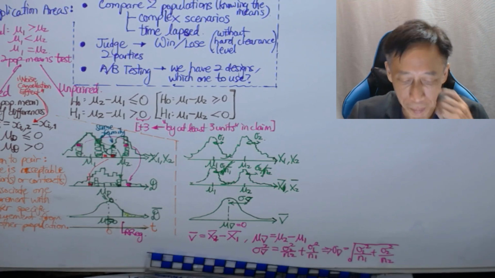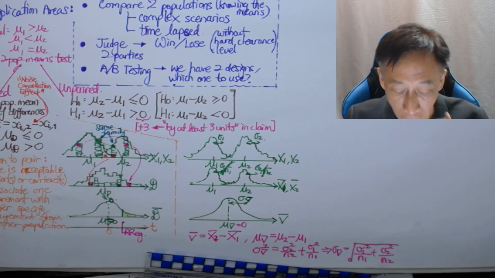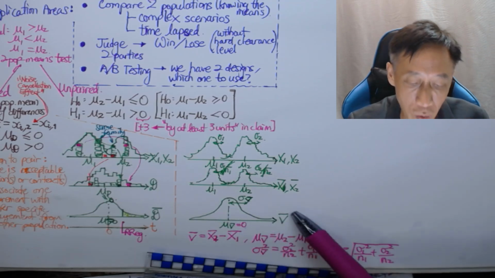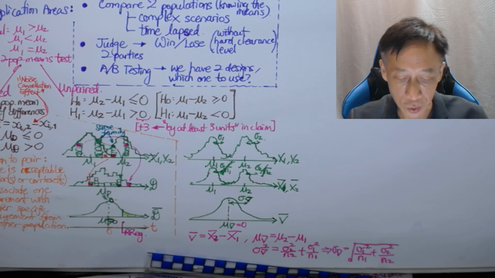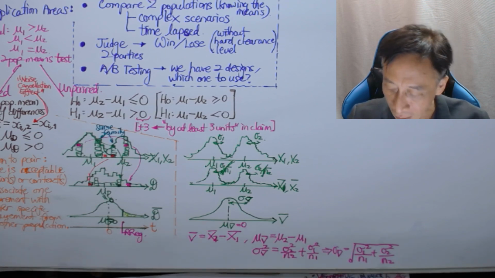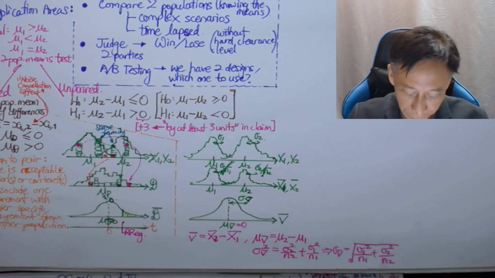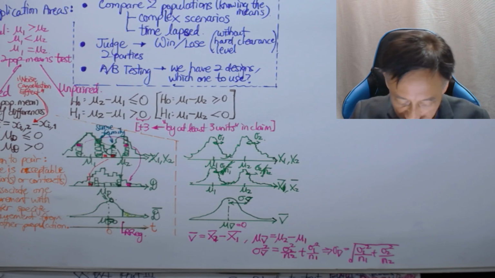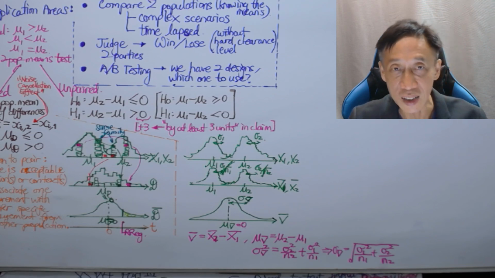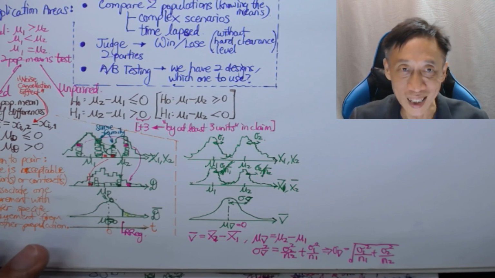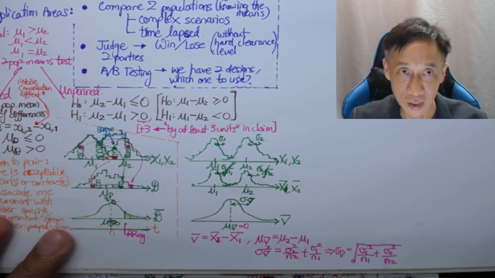So that's the picture that goes on, and that means we are going to operate on the V bar here, right? So our test statistic is going to be essentially a t-test statistic. So that's why you always see t-test.